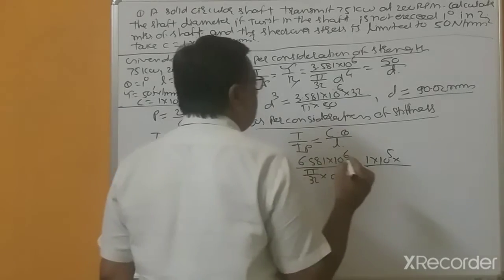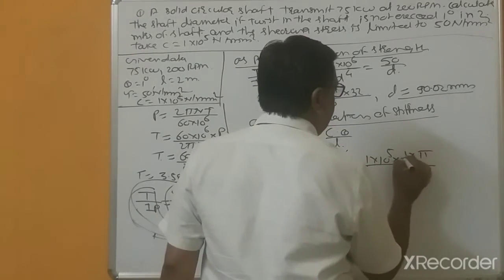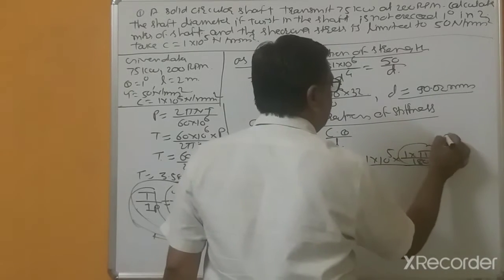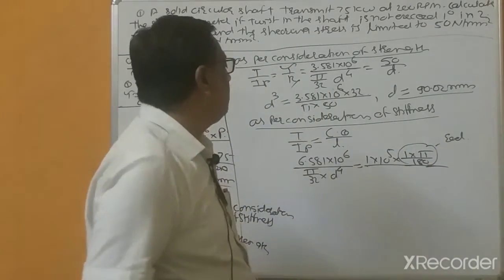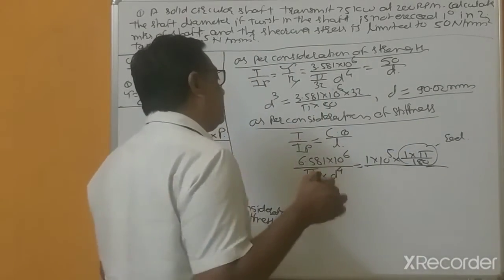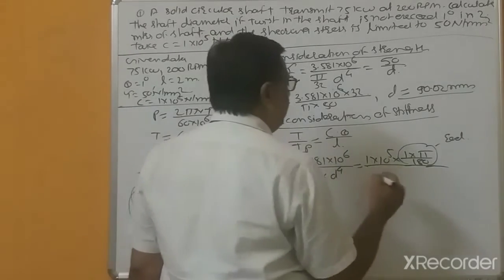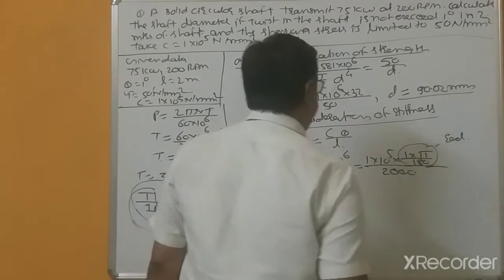We require this in radians, so multiply by pi divided by 180. L equals the length, 2 meters, so convert this in terms of mm.